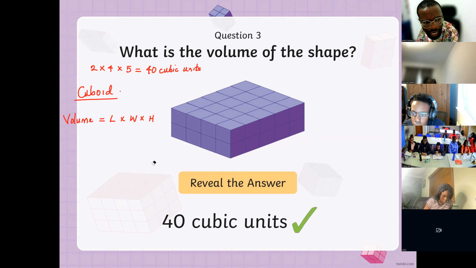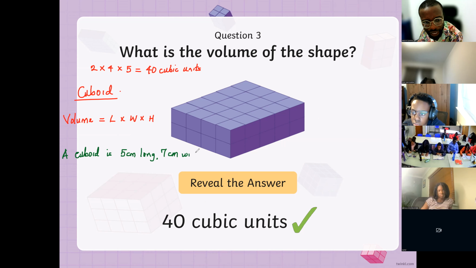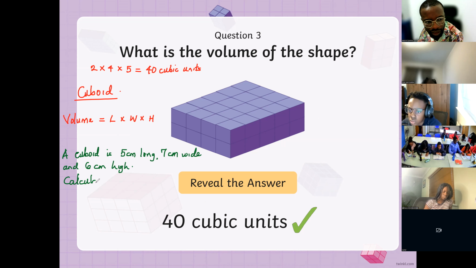Calculate: a cuboid is 5 centimeters long, 7 centimeters wide, and 6 centimeters high. A: calculate the volume.